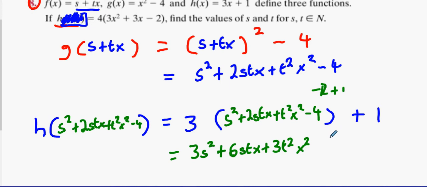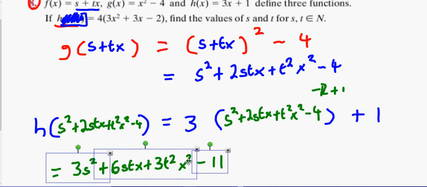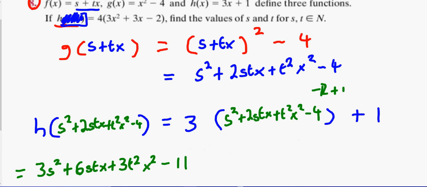Okay, so minus 11. Alright, we're now going to do what we call an identity. I'm going to get this answer here, like so, and I'm going to leave it down here. Does everybody see the answer it's meant to be the same as? I'm just going to multiply that out.